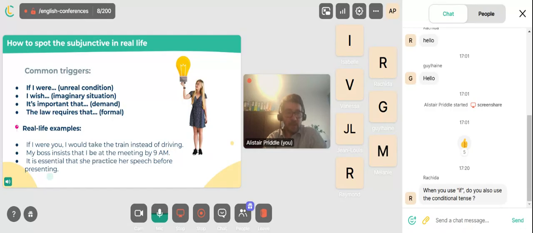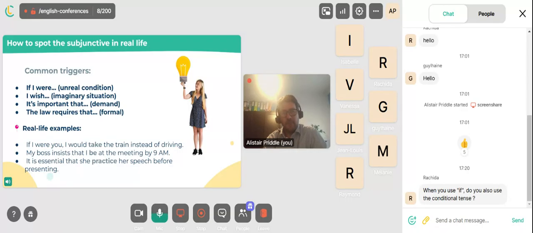Okay, now we have a question in the chat. When you use if, do you also use the conditional tense? Well, there are 4 fixed conditionals, and then there are a number of mixed conditionals as well. They're not strictly verb tenses. They quite often use modal verbs to create the condition.